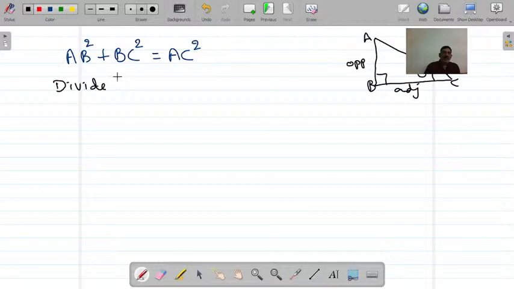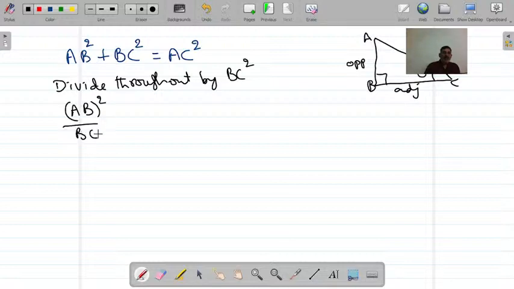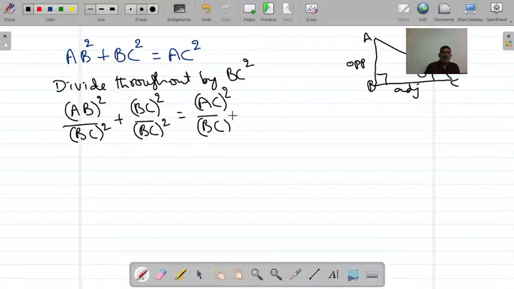Divide throughout by BC square. Now what am I going to get here? You observe AB square by BC square plus BC square by BC square equal to AC square by BC square, right?